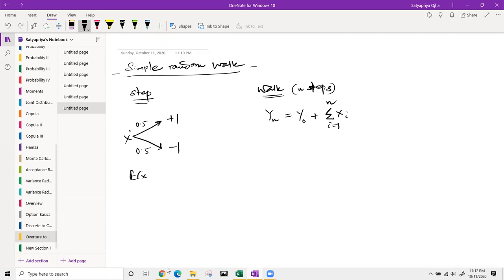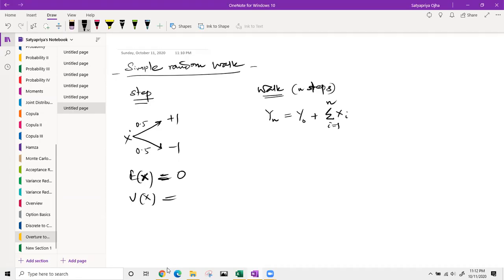What is the expectation of x? Expectation of x, I am waiting for an answer from you. Expectation of x is 0: 0.5 times 1 plus 0.5 times -1.